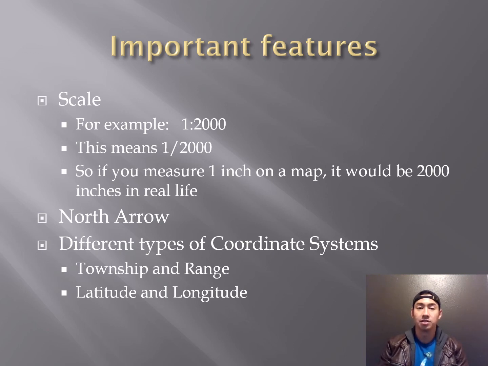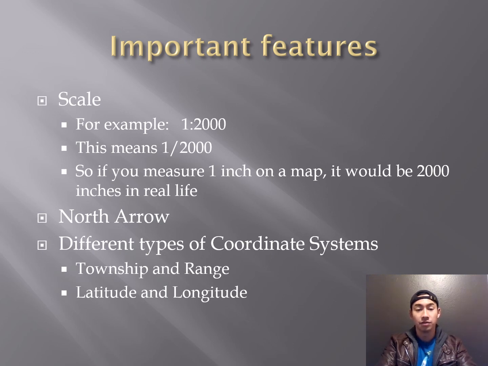What that means is if you measure 1 unit on the map and you were to go to that place in real life, that would be 2000 units in real life. The north arrow is pretty common on a map, and it's usually located on the bottom or bottom right corner. However, it varies from mapmaker to mapmaker.